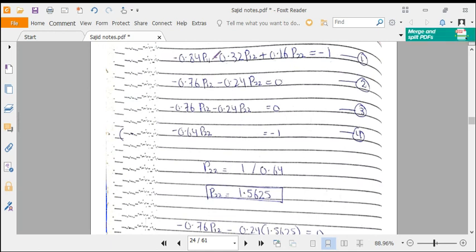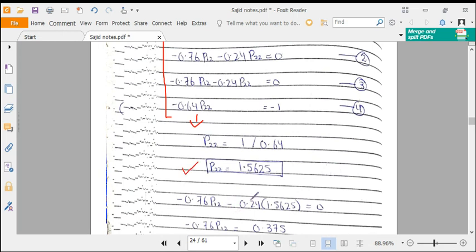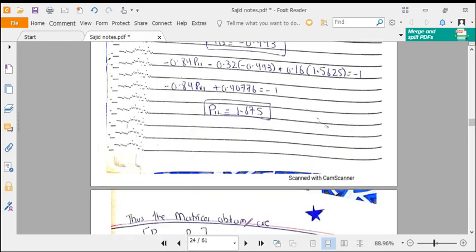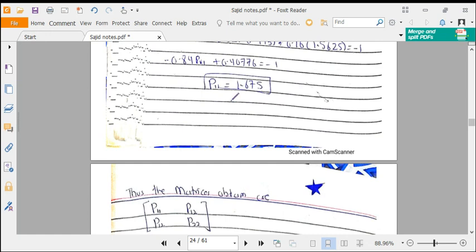We get these four equations from the matrix above, and from this equation we can easily see that p22 is equal to 1.5625. So we have found p22. Similarly, we can solve these to find p12 and p11.